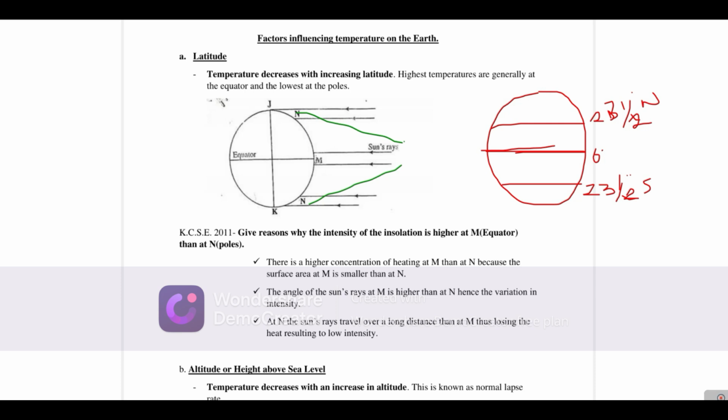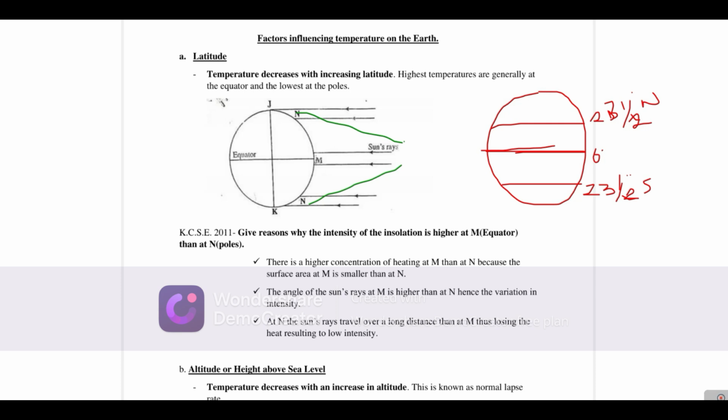Okay, so there is a question which is asking, give reason why the intensity of the insolation is higher at M, that is the equator, than at N, that is the poles, both sides.